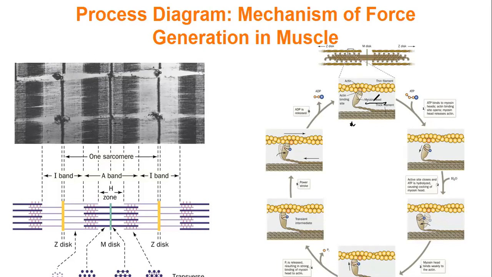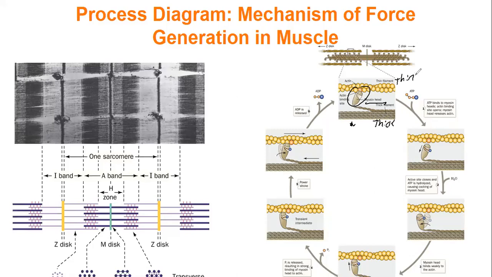So we have a myosin head bound to actin, right? Imagine our troponin and our tropomyosin are already gone. We had calcium that was released. Troponin and tropomyosin fell off. And once that falls off, our myosin, or our thick filament, will bind our actin, which is our thin filament.